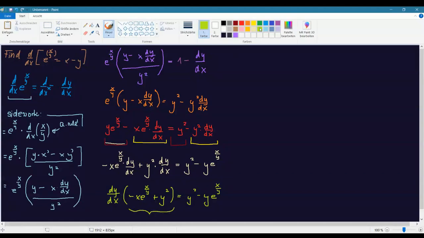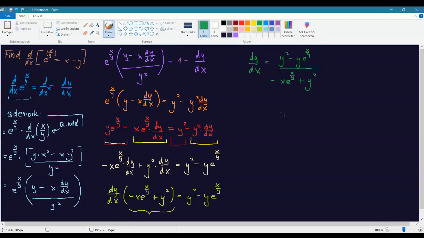And then we're going to have our derivative. So dy over dx is going to equal y squared minus y times e to the x over y all over negative x e to the x over y plus y squared.